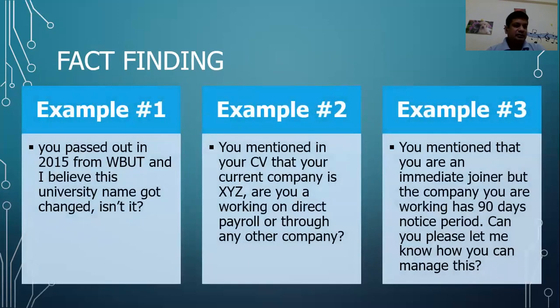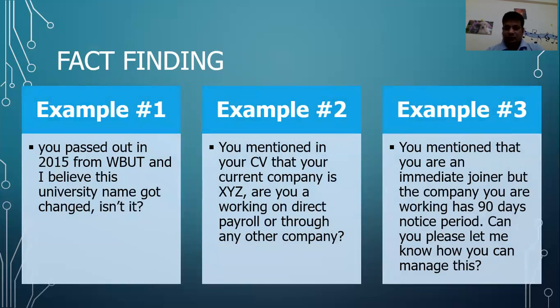Next comes fact finding, right? So fact finding is finding the details from the CV and understanding more about it. As mentioned earlier, the details may be there, but not complete details are available. For example, you passed out in 2015 from WBUT, and I believe this university name got changed, isn't it? So you ask more information around it.